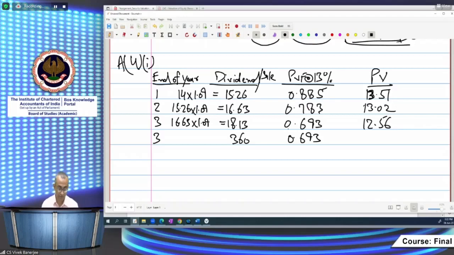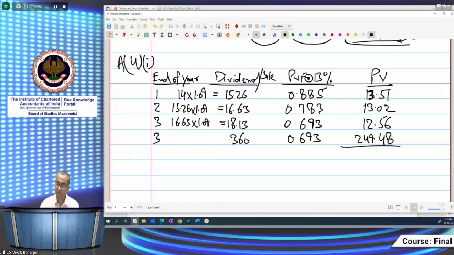So let us multiply 0.693 into 360, क्योंकि 360 तीसरे साल में रिसीव हो गया है। अभी अगर रिसीव होता तो उसकी प्राइस कितनी होती? तो लेट अस मल्टीप्लाई इट विद द प्रेजेंट वैल्यू फैक्टर। 0.693 is 249.48.